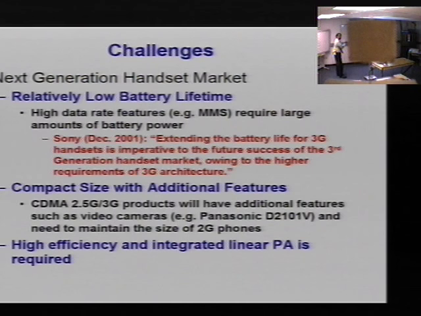And it's a linear power amplifier. Like I said, the peak to average ratio for IS-95 is 3.9, but the CDMA waveform technically has a 5.1, 5.2 dB peak to average ratio. So the back off is quite significant. Since you have such significant back off and very stringent requirements on ACPR, specs on the order of minus 45 dBc, the statement here by Sony is that your PA is going to suck a huge amount of power, and you really need to do a lot of processing on the baseband.